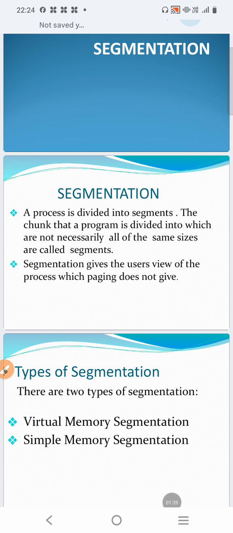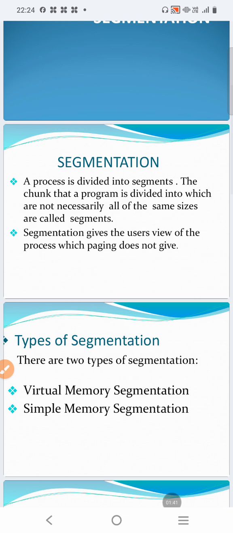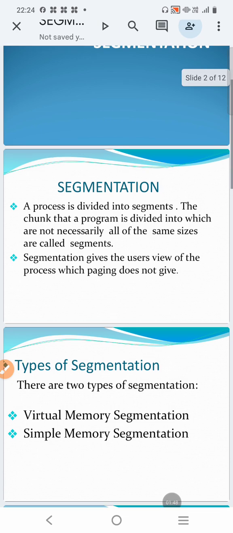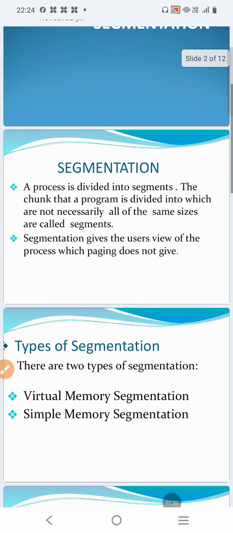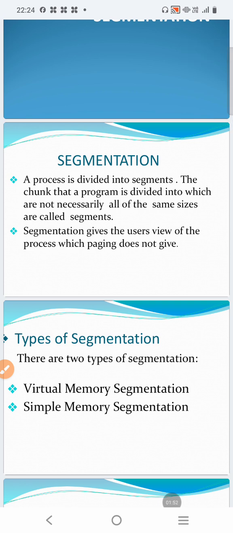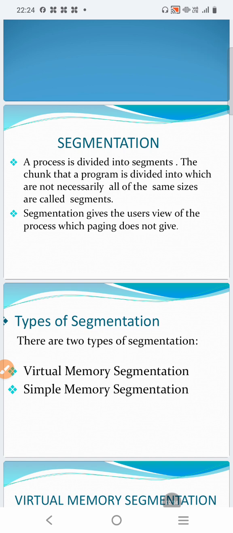But in paging, the same function is spread across different pages of the process, so there is no modular structure in paging. To overcome this, we go for segmentation. In paging, the main problem is that the same function occupies different pages and different frames of main memory.